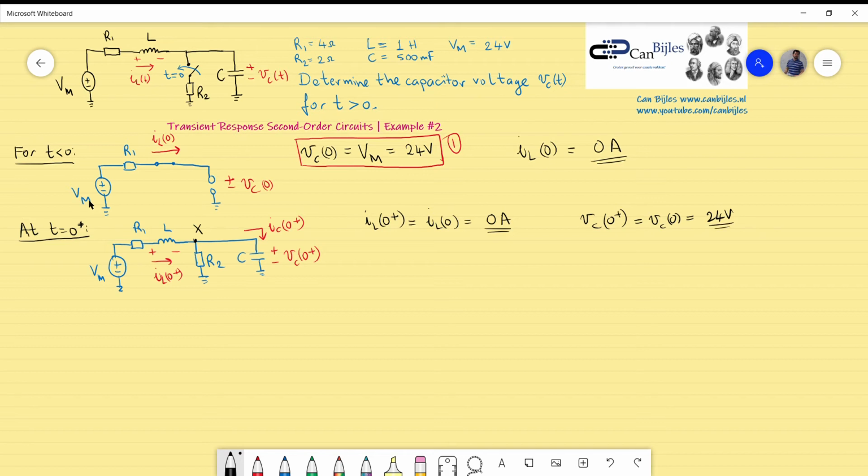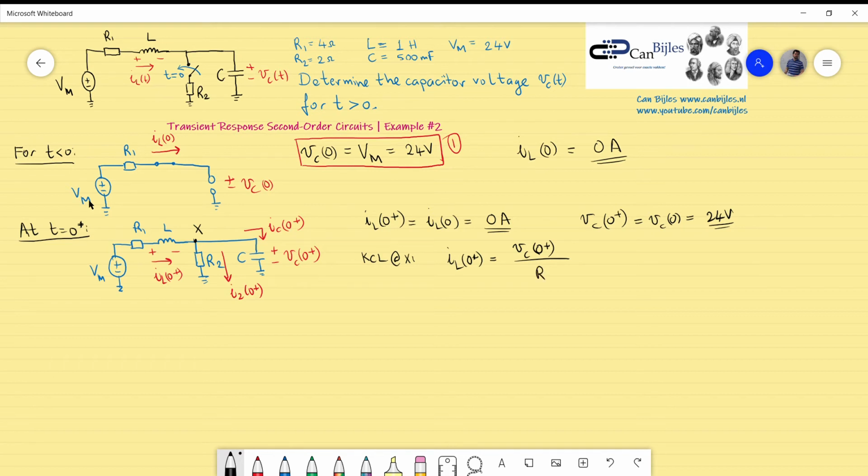Okay, and if you look at the circuit, we can use Kirchhoff's current law at point X. What do we see? We see the inductor current, IL at 0 plus, is equal to the current through the resistor R2, which I will denote by I2 at 0 plus. The voltage across that resistor is exactly the same as the capacitor voltage, so I will use that, because I would like an expression consisting only of the capacitor voltage.